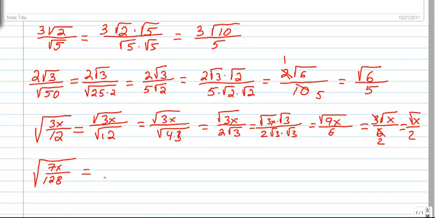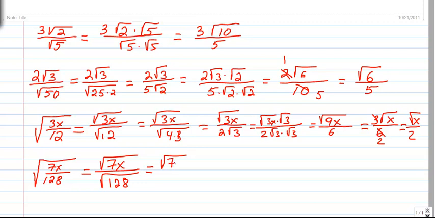Lastly, in our next example, we will do the same routine as we did in the previous example. We need to separate and place the numerator and the denominator under separate radical signs.